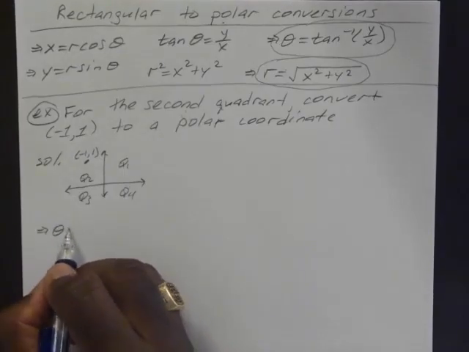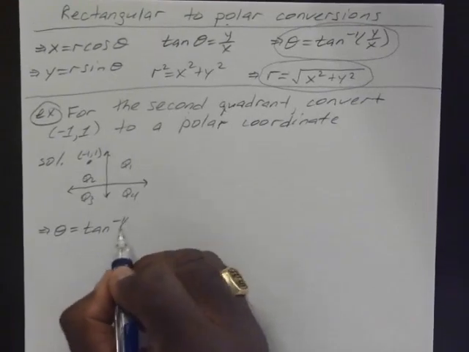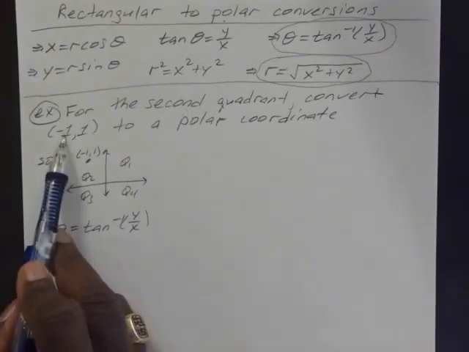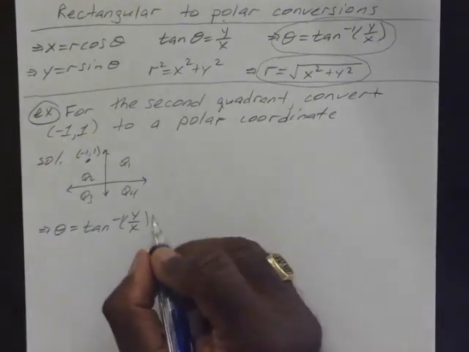Okay, so we know that theta is equal to tangent inverse of y over x. Well, we know that x is -1 and y is +1, just from our coordinates.